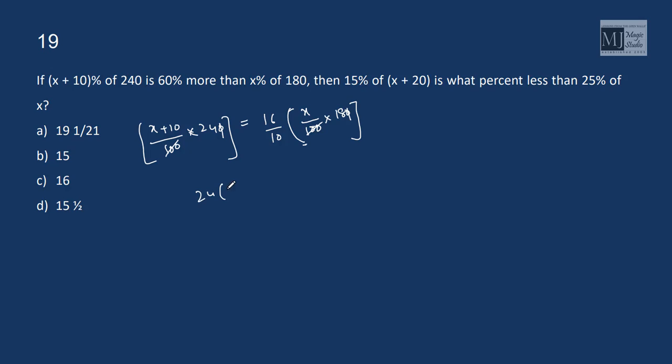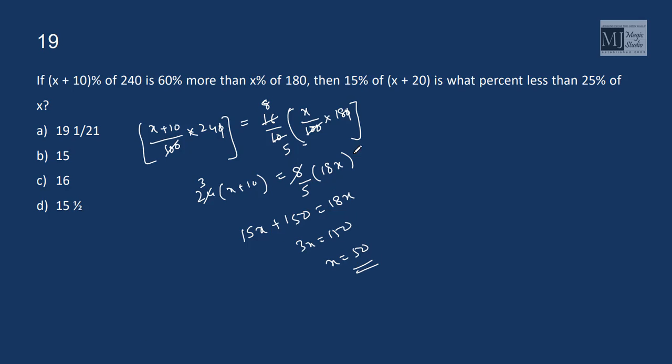This is 24 into x plus 10 equals 8, 5. 15x plus 150 is 18x. 3x is 150, x is 50.